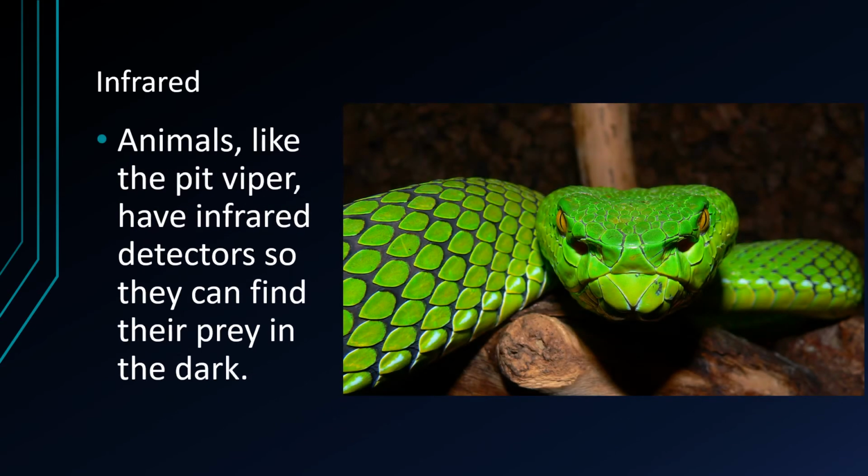Animals like the pit viper, though, have adapted to be able to use infrared. They have infrared detectors so they can find their prey in the dark, making it a lot easier for them to hunt.